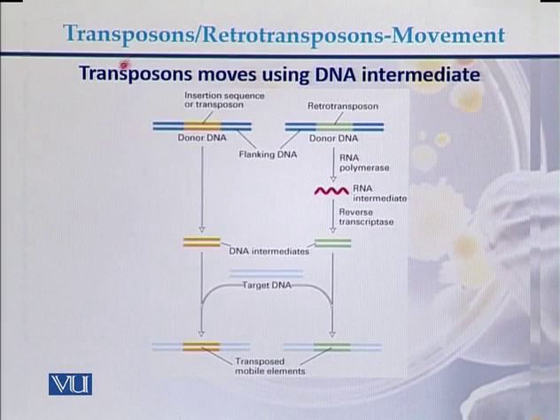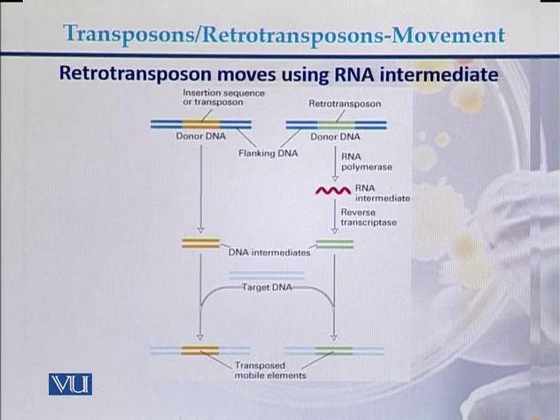Here is another example, a diagram, showing how transposons move using a DNA intermediate. Here we can see that there is a donor DNA, a DNA intermediate, and this DNA intermediate is integrated at another location. So this is an example of the movement of a transposon when there is a DNA intermediate. On the other hand, here on the right side is an example of how retrotransposons move when they use RNA as the intermediate.